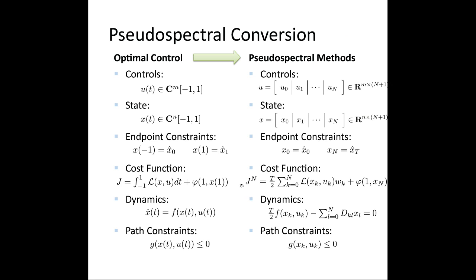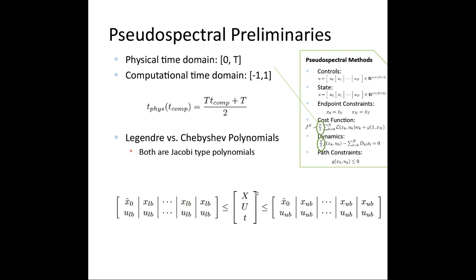So recall again, the pseudospectral conversion is mapping from a continuous optimal control problem to a discretized finite dimensional problem that can be solved as a nonlinear program. So while we compute on the domain -1 to 1, we transform that domain to the time domain of interest between 0 and some time horizon t.